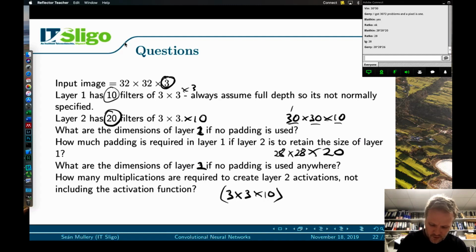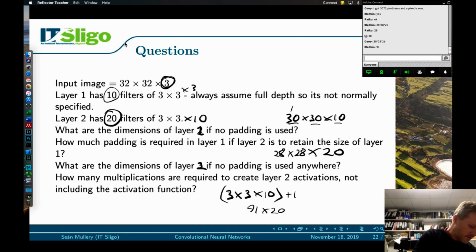So we're going to add 1 to that. So that's going to be 3 by 3 by 10. We are at layer 2 here, aren't we? So 3 by 3 by 10, plus 1, is going to be 91. And how many of them have we got? We've got 20 of them. So that's going to be 91 multiplied by 20.